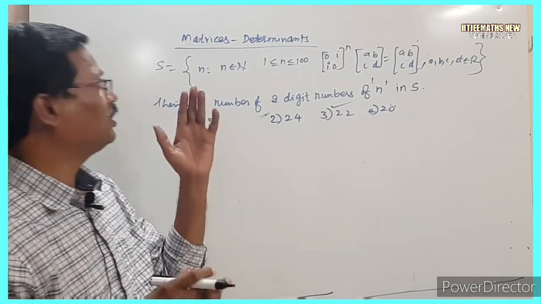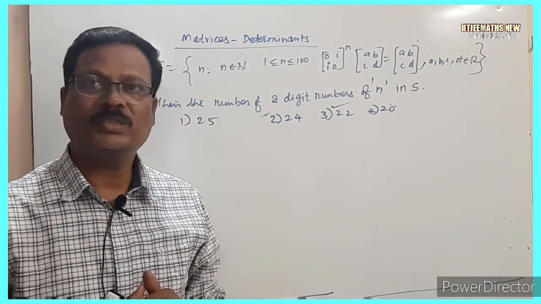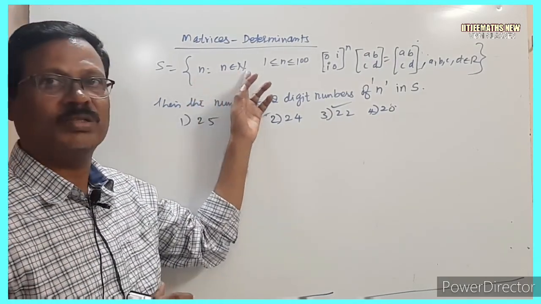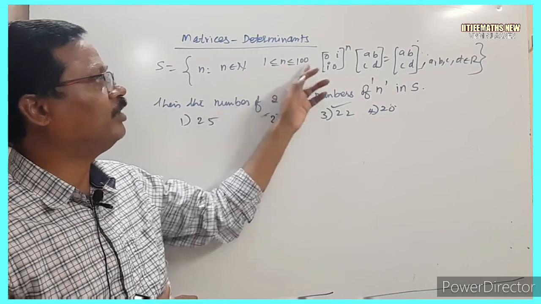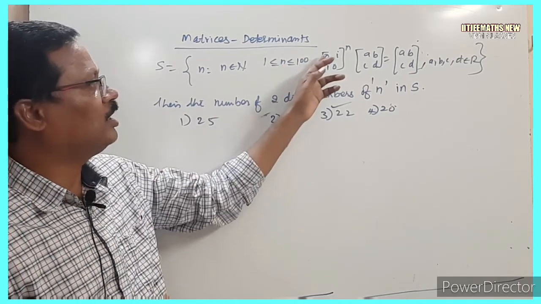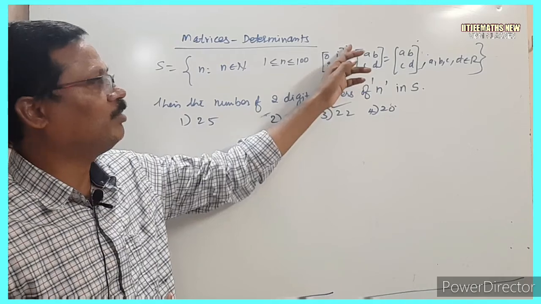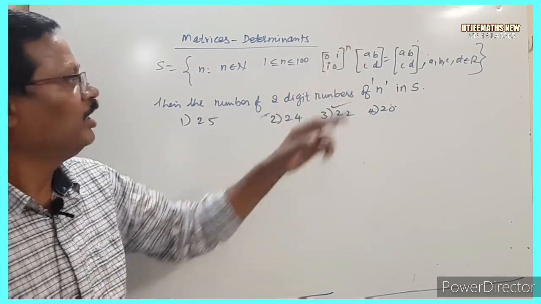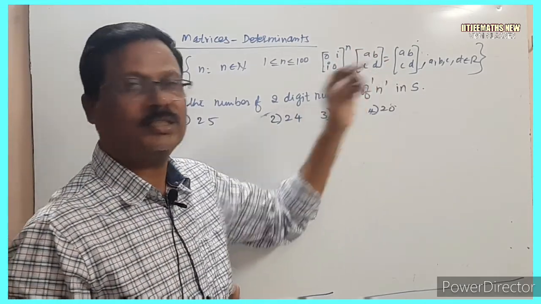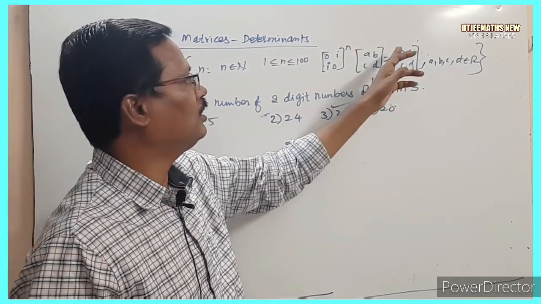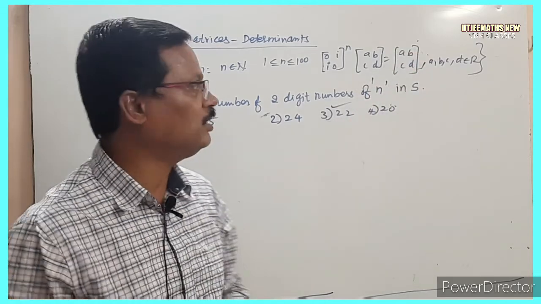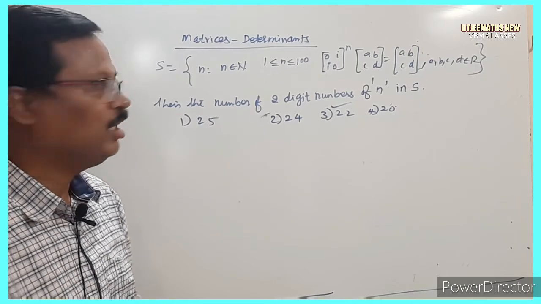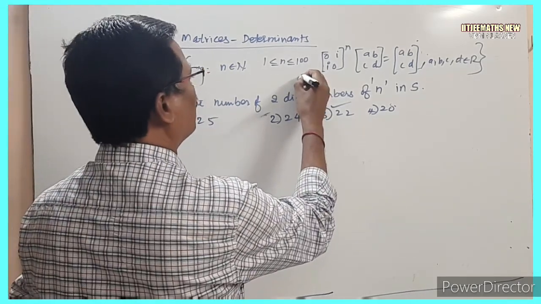Next problem. This is matrices and determinants. Set S is n such that n belongs to capital N, where n is from 1 to 100, and this is a 2 by 2 matrix. Whole to the power of n, given 0 i, i 0 whole to the power of n, into ABCD 2 by 2 matrix, is equal to again ABCD 2 by 2 matrix, where a, b, c, d belong to R, and i is iota they given.